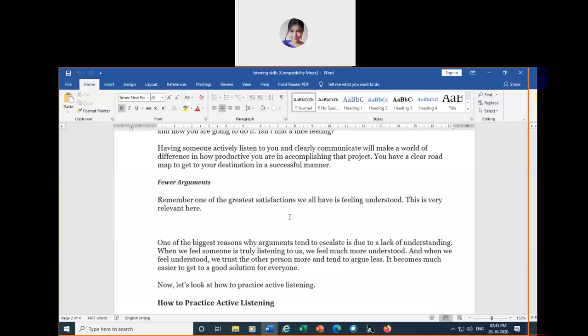All right, you will be able to interact with one another, so you will not misunderstand one another. There will be fewer arguments and fewer conflicts, or maybe no conflicts.